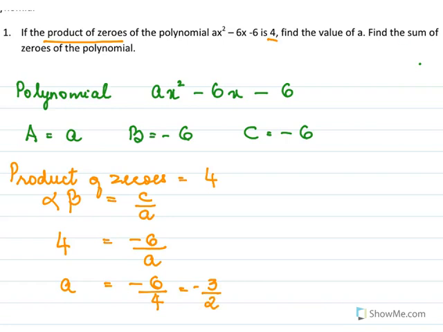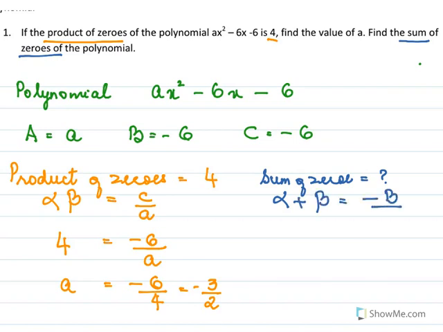We also need to find the sum of the roots or sum of the zeros. Now the formula for sum of zeros, which we need to find, we know it is alpha plus beta equal to minus b by a. This is the formula for sum of the zeros. So alpha plus beta equal to minus. Now we see b is minus 6, so that would be minus of minus 6 over a.